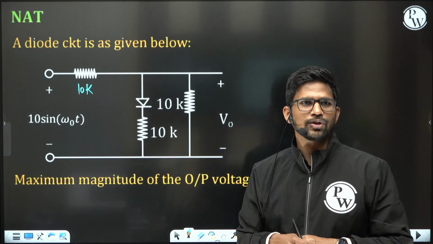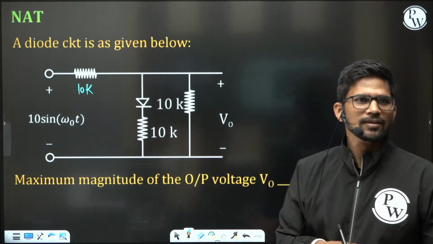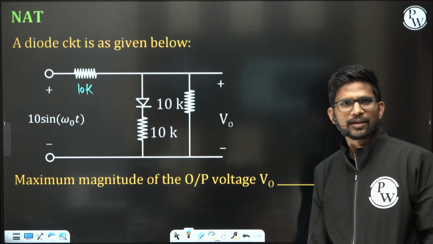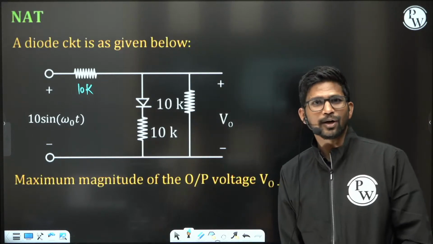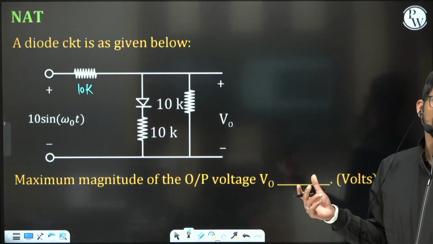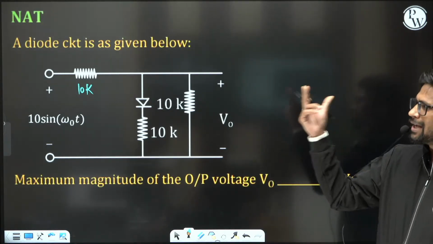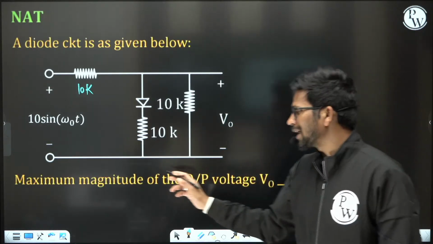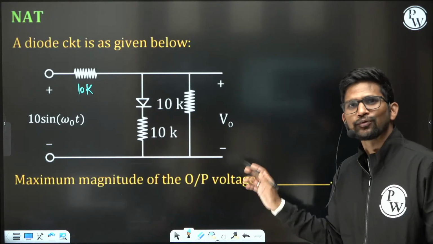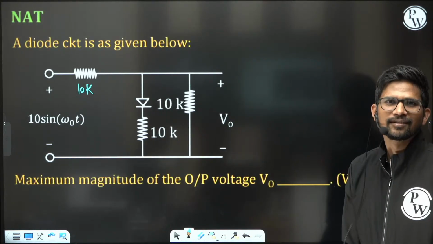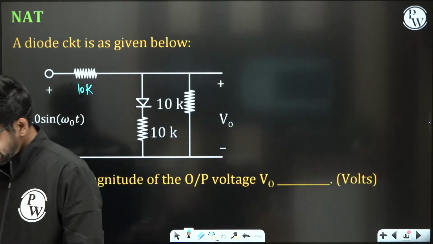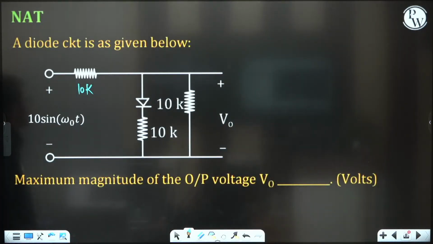Okay, so try to find out the correct answer. I know that many of you will solve this question correctly, but you need to find out what is asked correctly.